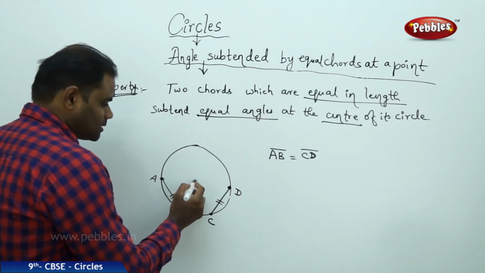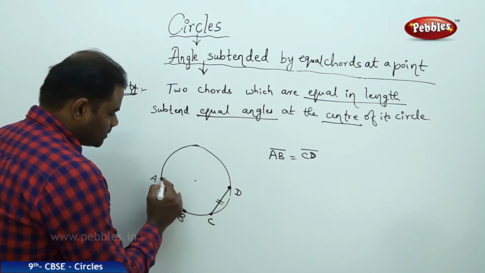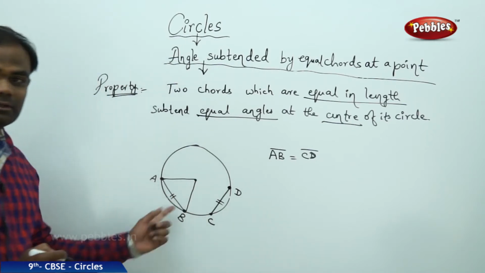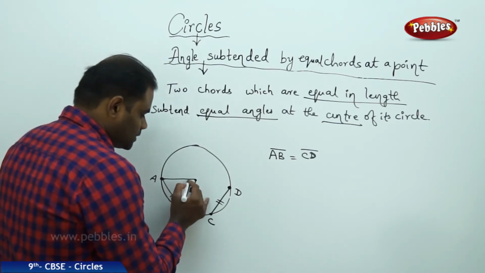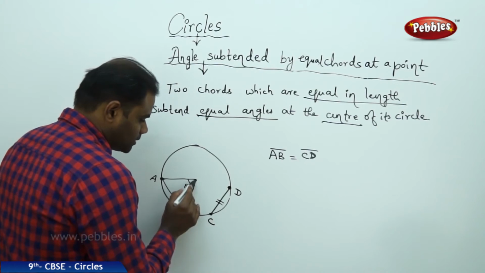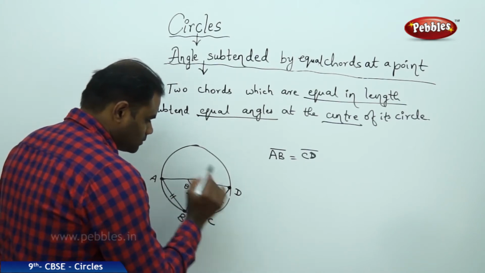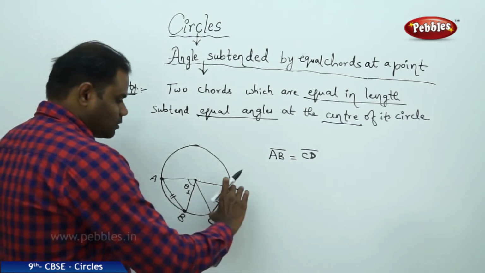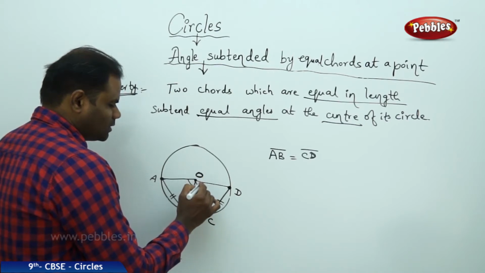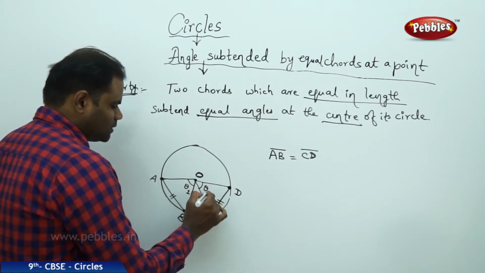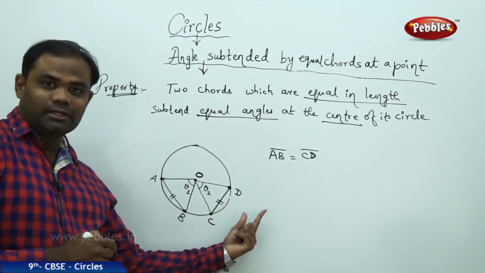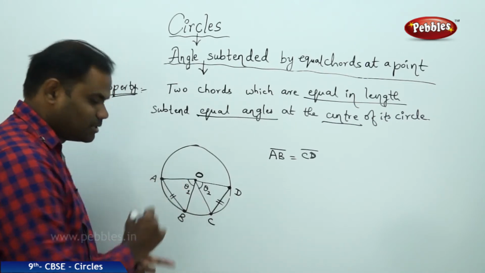So suppose I have my center out here, then the angle subtended at the center by chord AB, say this angle is some theta 1, and the angle subtended by the chord CD, say this is the chord CD, and the angle subtended at its center O is theta 2. Then clearly the property says that for equal chords which are equal in length, the angle subtended at its center must be equal.